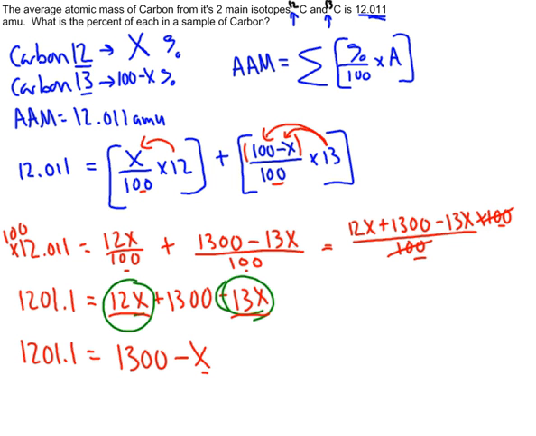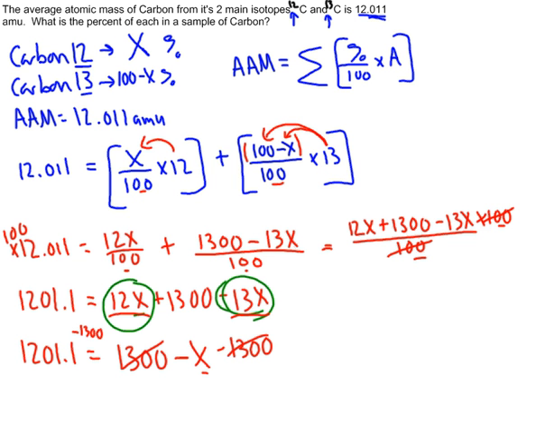So since I have a positive 1300 here, I want to get rid of it by subtracting off 1300 on this side. Since 1300 minus 1300 is 0, it's simply gone. You can think of it that way. But again, what you do to one side, you must do to the other. So I'll subtract off 1300 on this side.